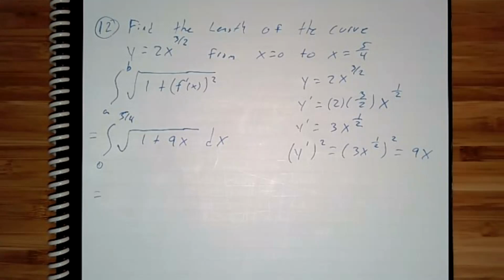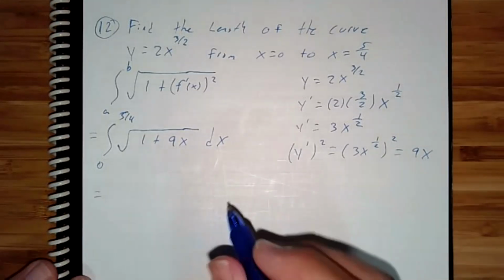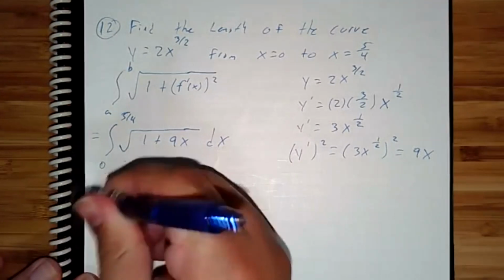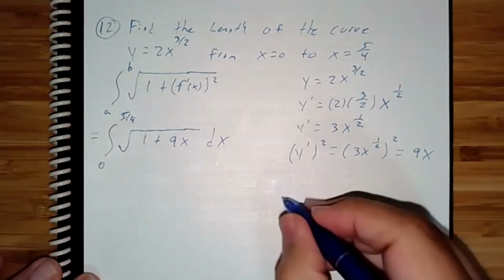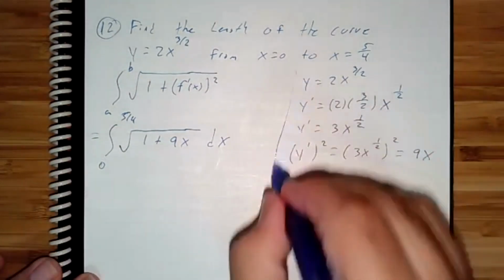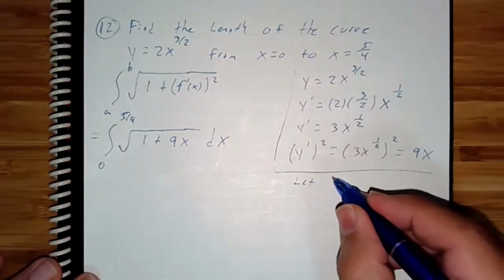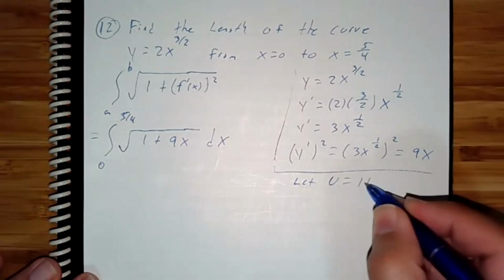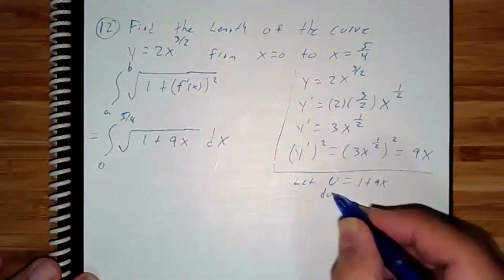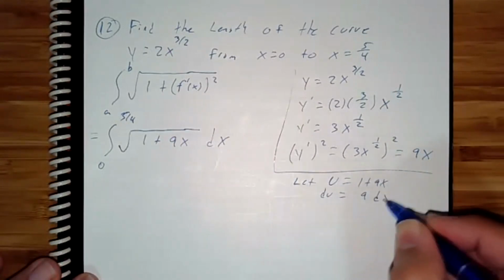Let me double check everything. Yeah, that's not too bad. So this is my first set of scratch work. My second set. Let u equal 1 plus 9x. du is equal to 9 dx.